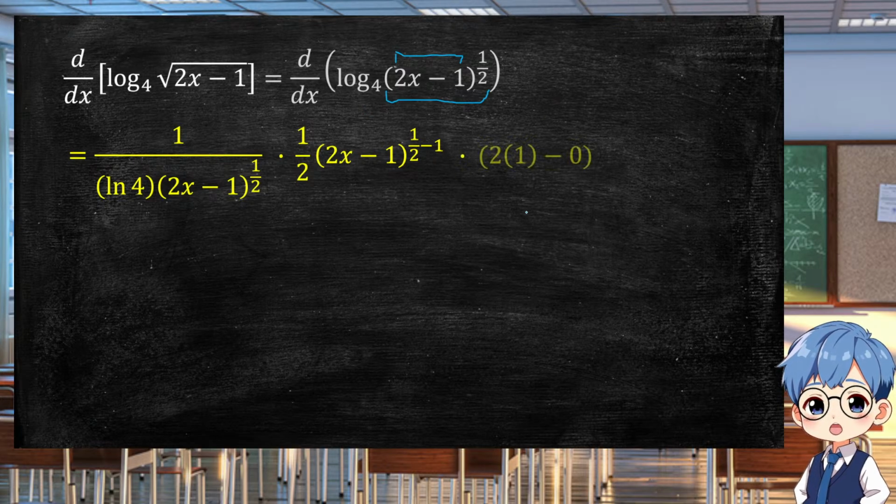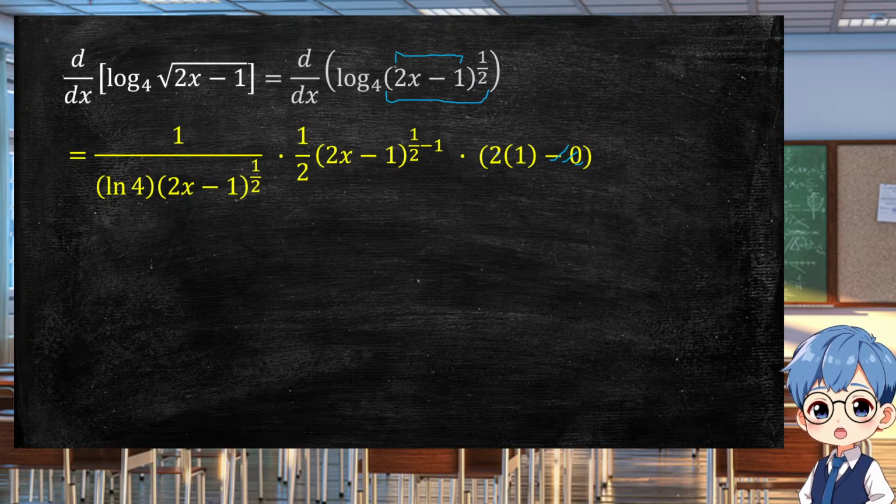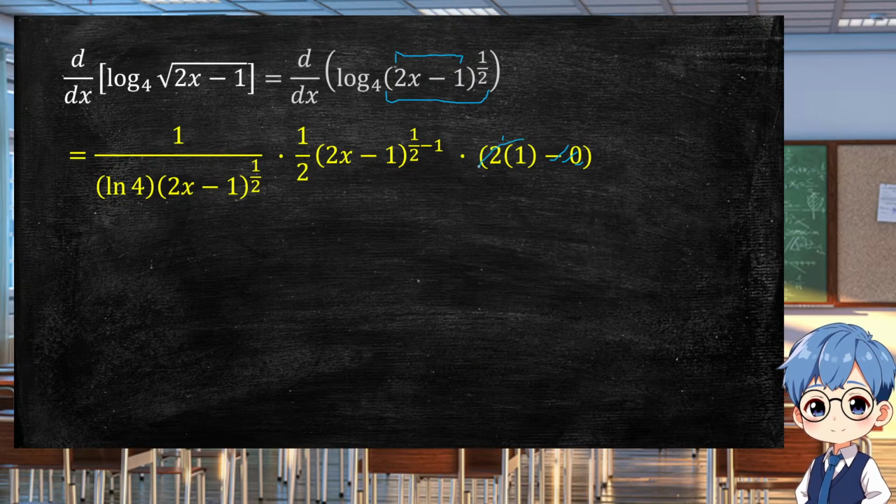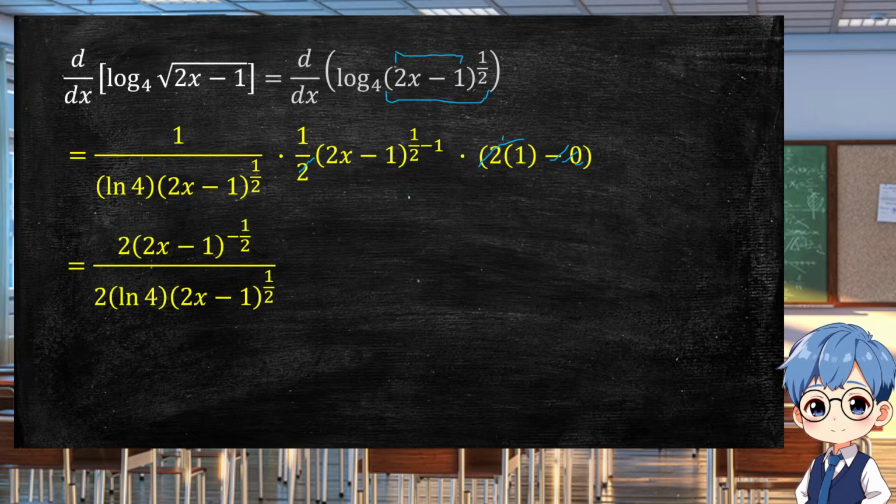The derivative of 2x minus 1 is just 2 times 1 minus 0, or simply 2. Okay, so observe that we can cancel out 2 here, because we have 1 half here. So what remains is 2x minus 1 raised to the power of negative 1 half.